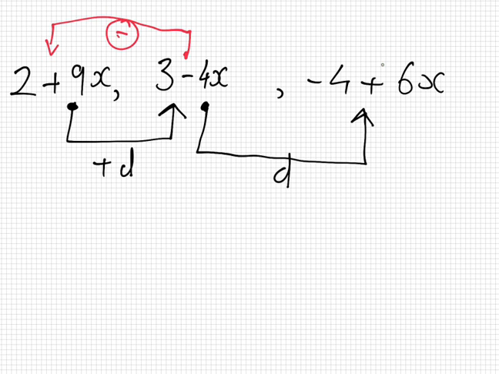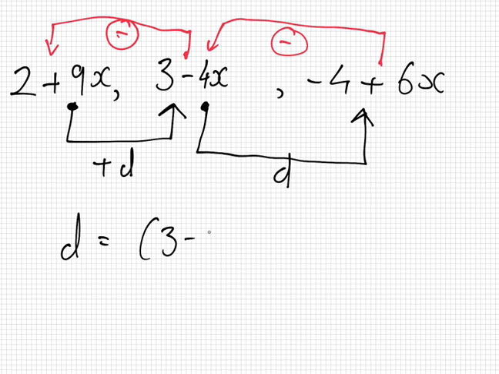D. And if I take this number and minus its neighbour, I should also get D, because the difference each time is D. So you know that D will equal 3 minus 4x minus 2 plus 9x.